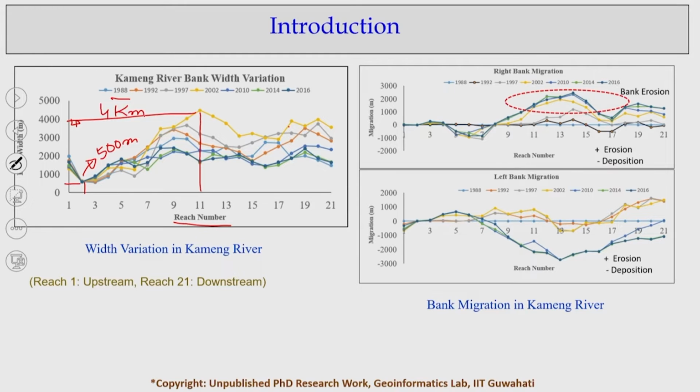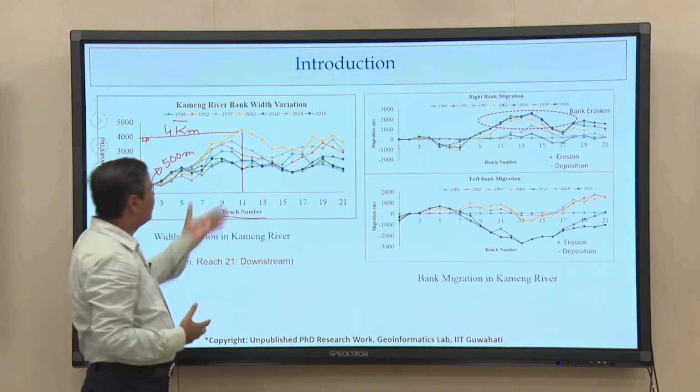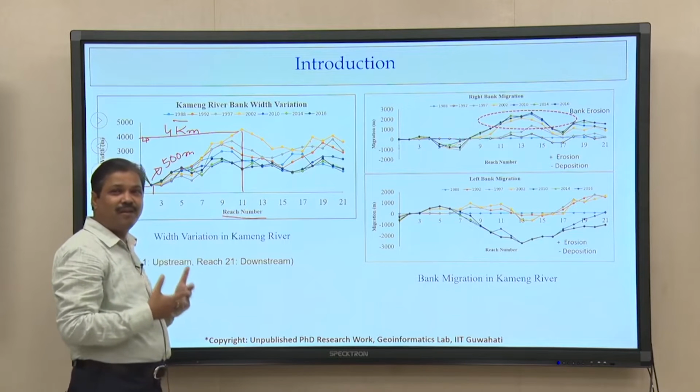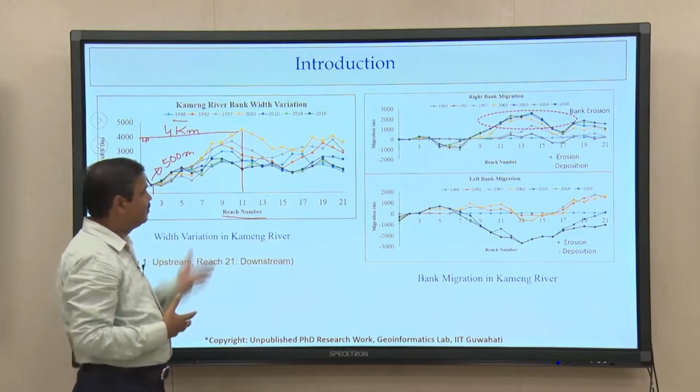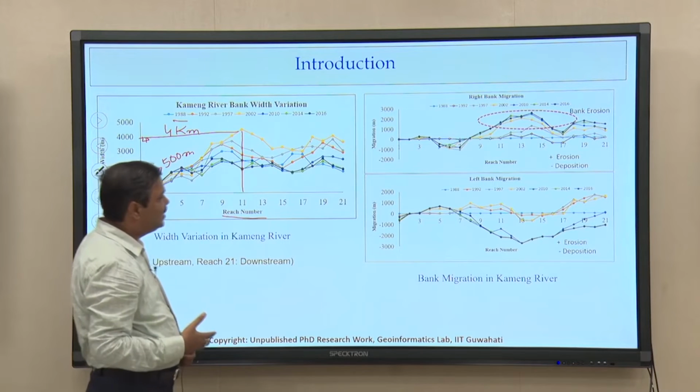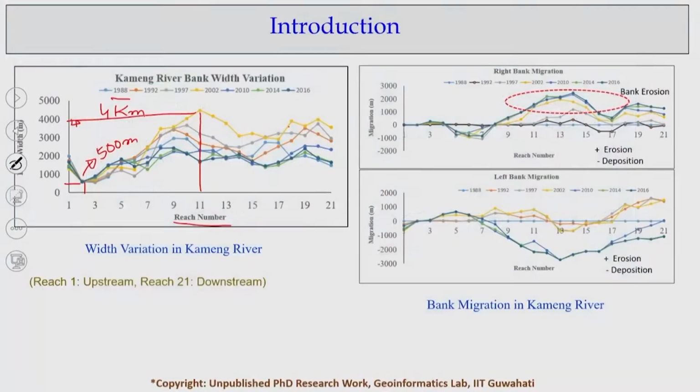Just try to understand how dynamic the river is in terms of planform variability. If I look at the left bank and the right bank, the figures are quite interesting and show the erosion and the deposition.